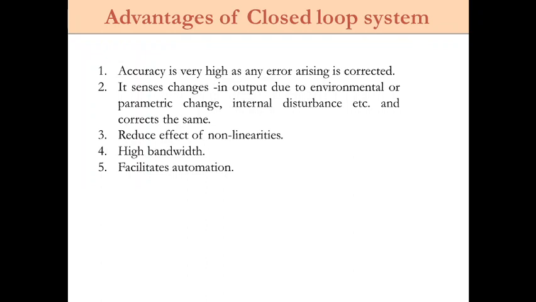But if you adopt a closed loop control system, it automatically compares the output with the required input. If there are any deviations, errors or defects, it automatically detects where exactly things are going wrong, then actuates and controls them. That is the reason why it is very useful for the automation of industries.